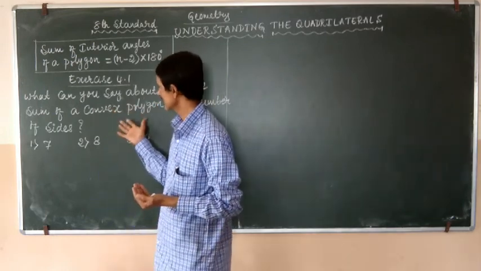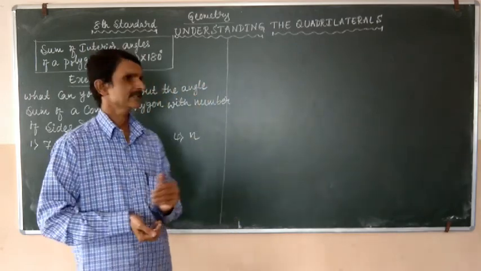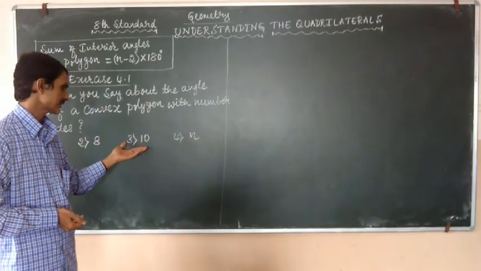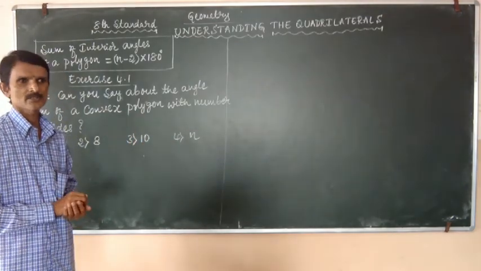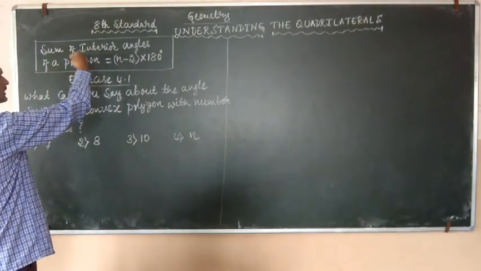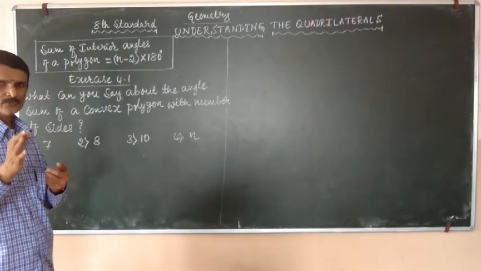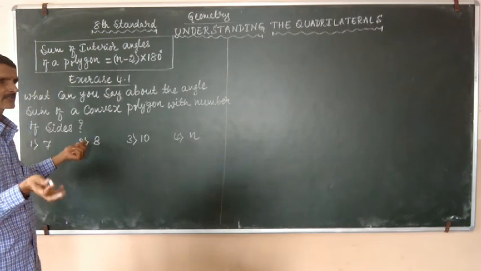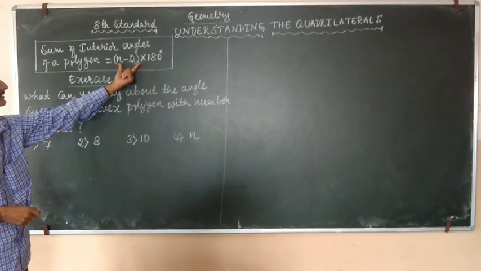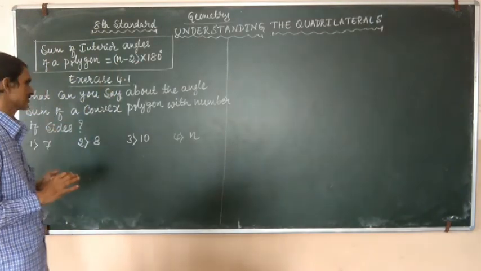If the polygon has 8 sides, what is the sum of interior angles of that polygon? Similarly, for 10 sides, for n sides. Students, we already know the formula to find out the sum of the interior angles of the polygon. So by using that formula, substitute the value of n.